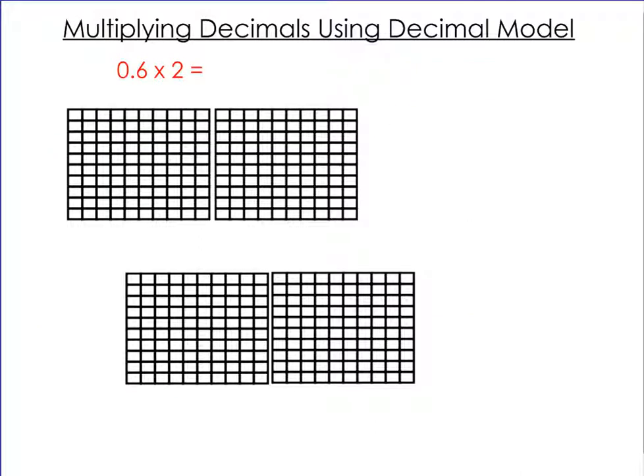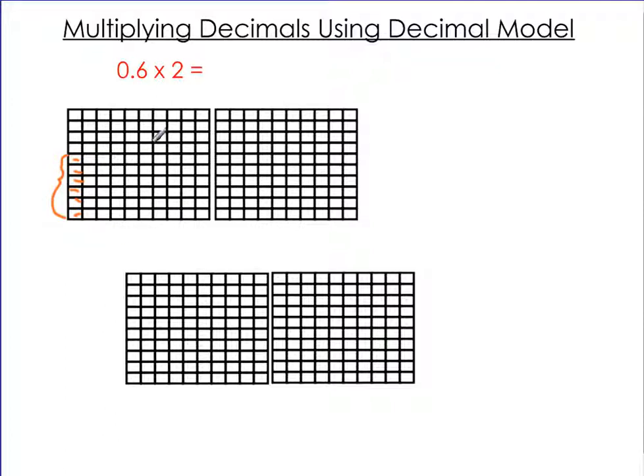Now we're going to multiply decimals using decimal models. This is an interesting way of figuring out how to multiply decimal numbers. So here I'm going to use 0.6 times 2. I will take 0.6, which is 6/10. If I did 6 rows here, that would be 6/10.